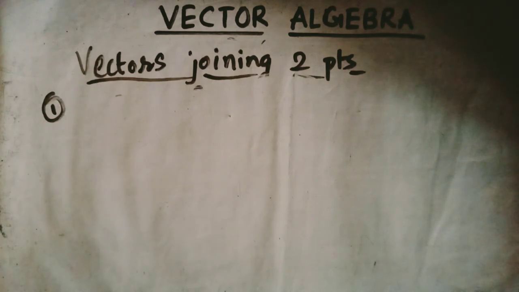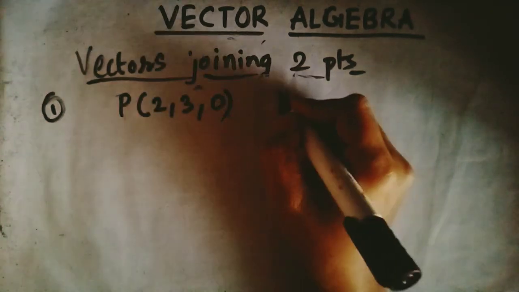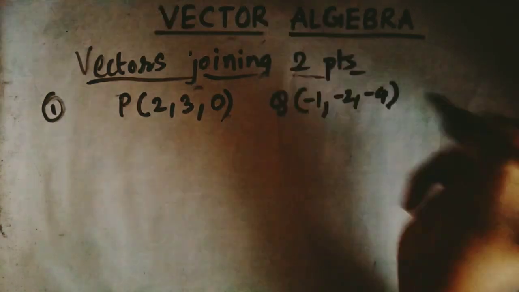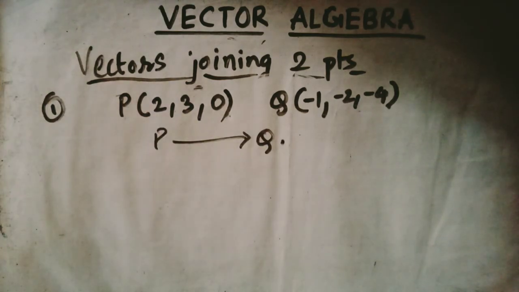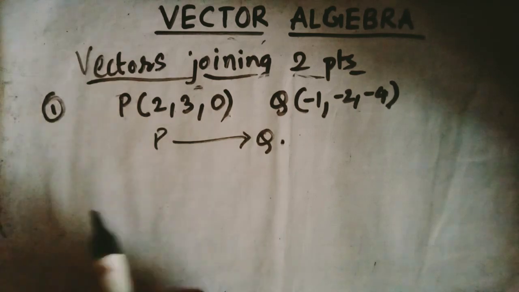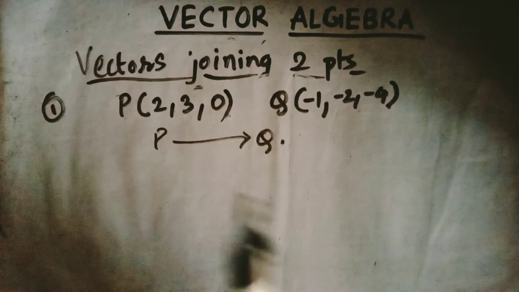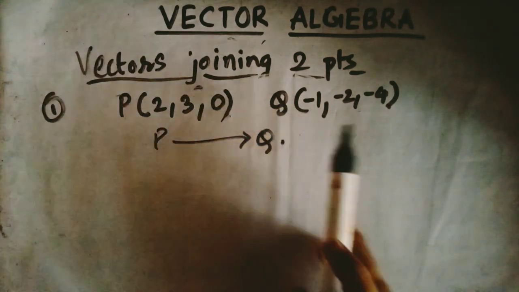Let's write one example. Find a vector joining the points P and Q (minus 1, minus 2, minus 4), directed from P to Q. Now P is your initial point and Q is your terminal point. If you take P1 and P2, P1 was our initial point and P2 was our terminal point, so we took x2 minus x1.